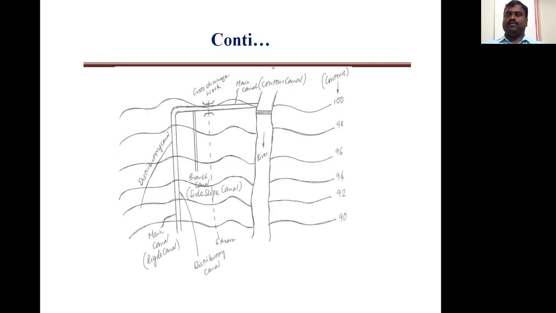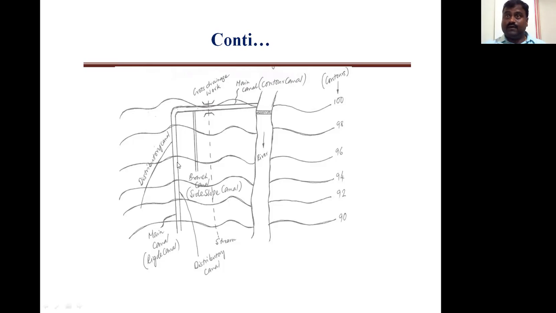So we can have the look of all the three types of canals in the figure. The first classification on this base is the ridge canal or watershed canal. So we can have a look at all the three canals here.